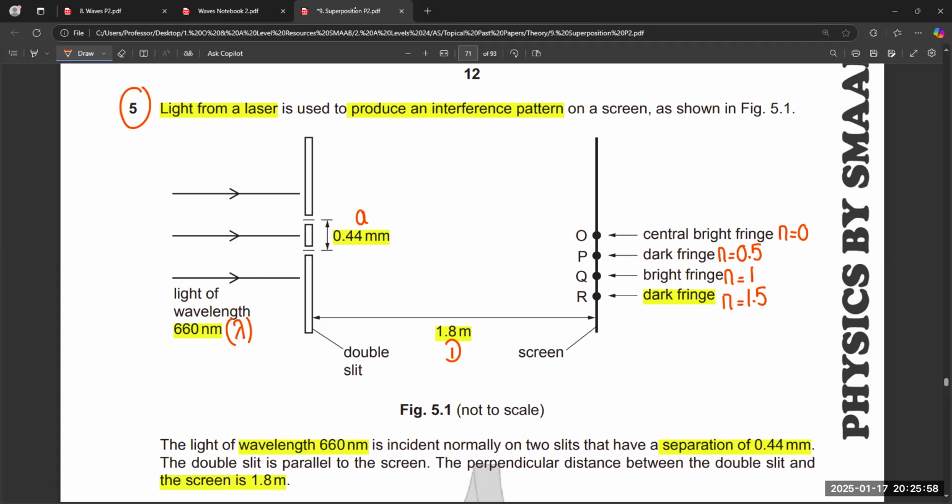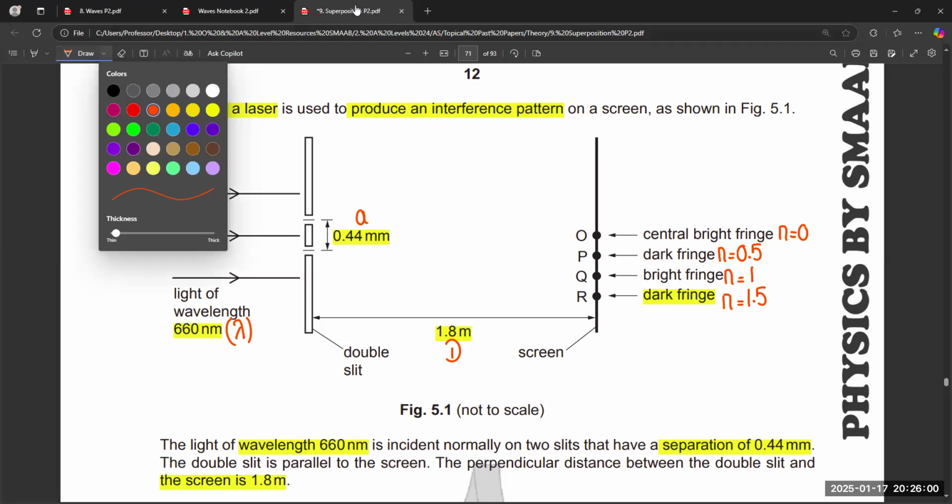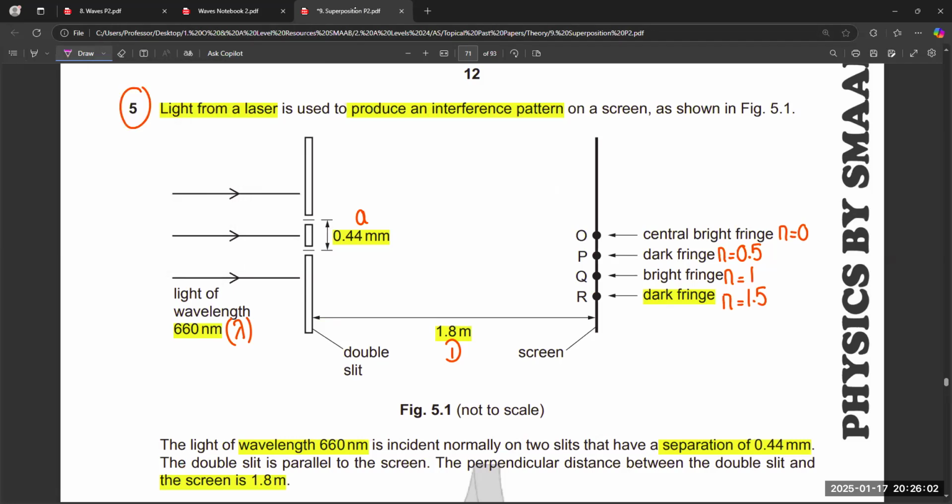And actually what they are asking about these waves is, for example, if one wave is passing from this point and the other one is passing from this point, like this. There is a path difference between the two waves because the wave on the top reaches after traveling a long distance as compared to the second wave. So this is the question they are asking about.